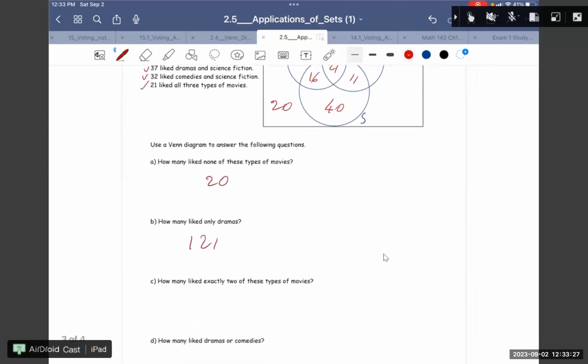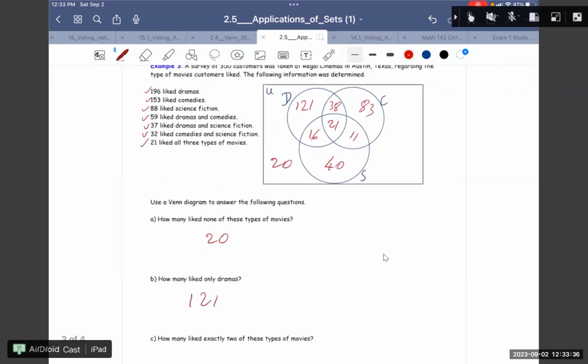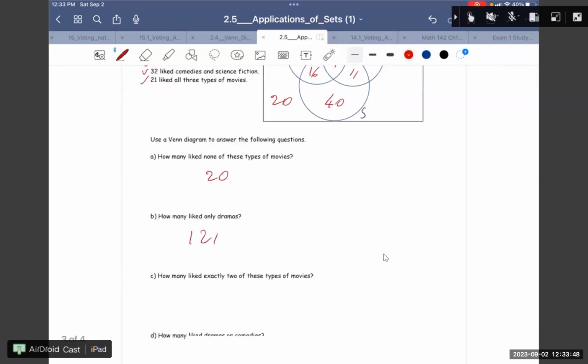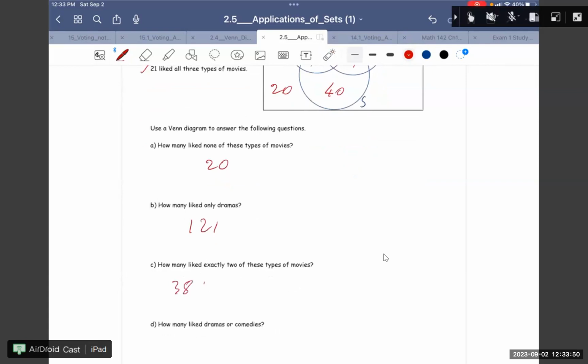So how many like exactly two of these movies? Exactly two of these movies. So we have these two of these movies, right? Right here. 38, 16, 11. So we have 38 plus 16 plus 11. So this one is 65 people.